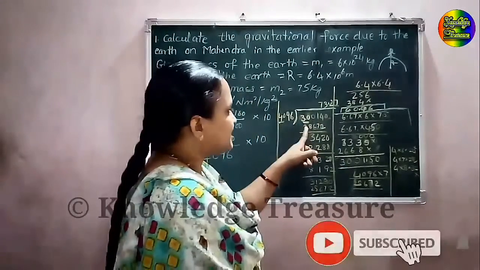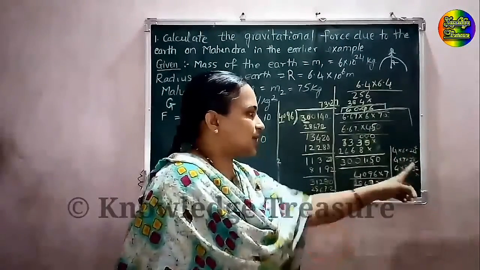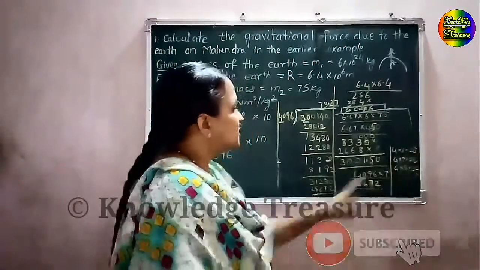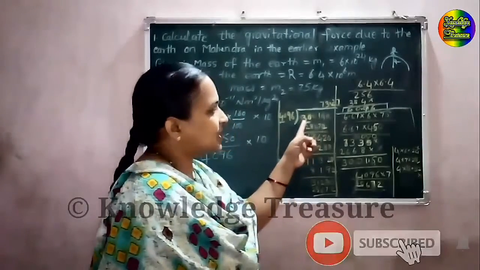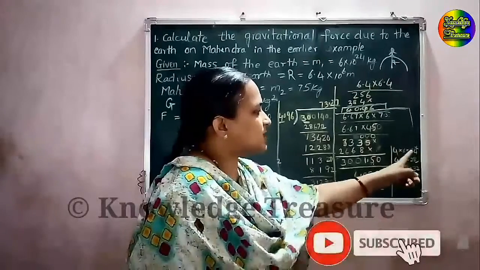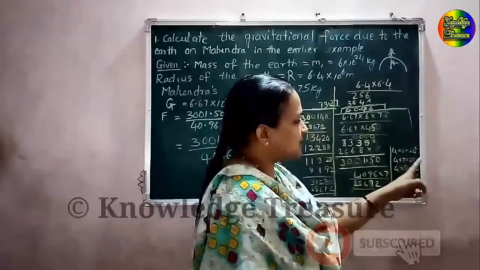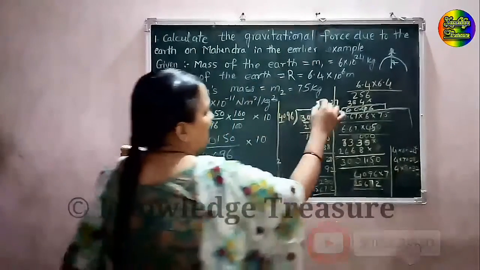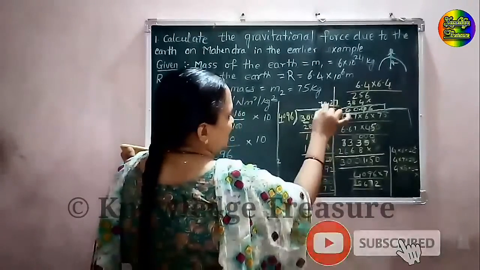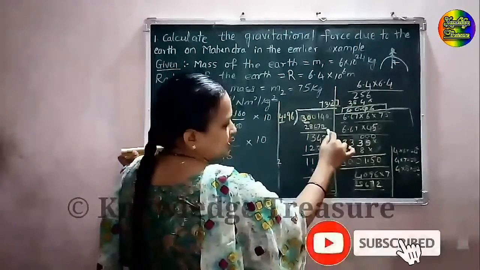So 4 how many times is 30? 4 6s are 24, 4 7s are 28, 4 8s are 32. 32 is greater than 30, so it is not possible. 4 6s are 24, it is very less. So you can use 4 7s are 28. Now write 7 here. 7 multiplied by 4096, you are getting this much.